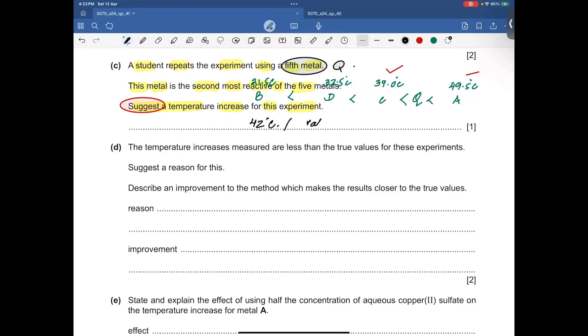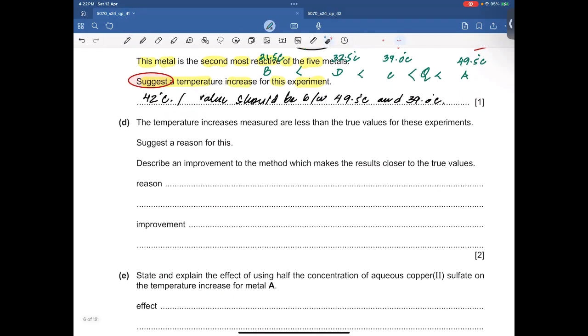Or the value should be between 49.5 degrees Celsius and 39.0 degrees Celsius, okay? Either you can write this statement or suggest any value.